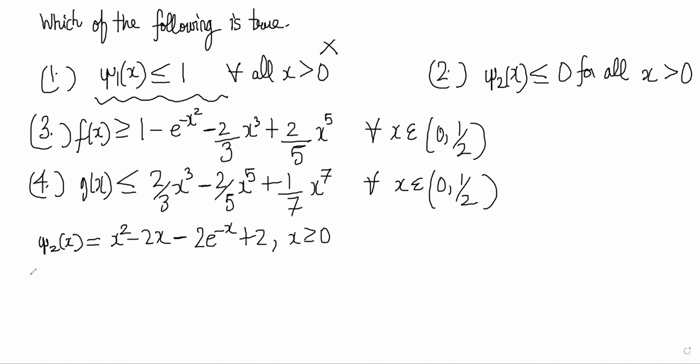So if I take a derivative here, psi2 dash x becomes 2x minus 2 plus 2 e power minus x.